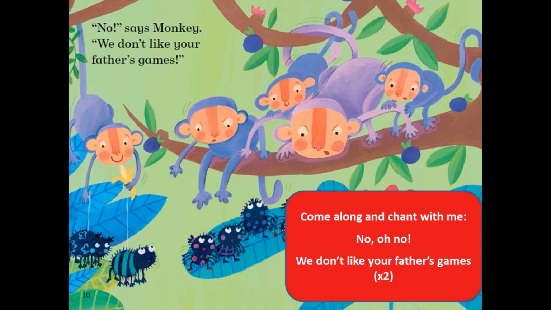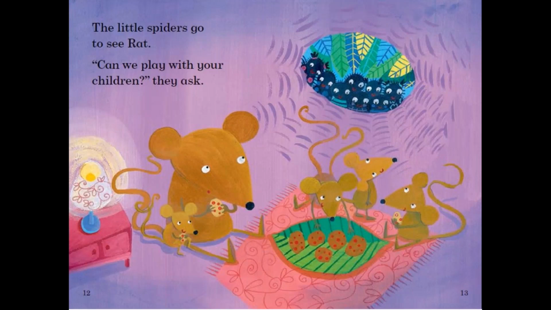So you could do something along the lines of, no, oh no, we don't like your father's games. And you can keep saying that every time it comes up within the book, and get the children to join in as well. If they're doing it en masse, none of them feel left out if they're slower to pick it up. And it makes it more entertaining for them again.